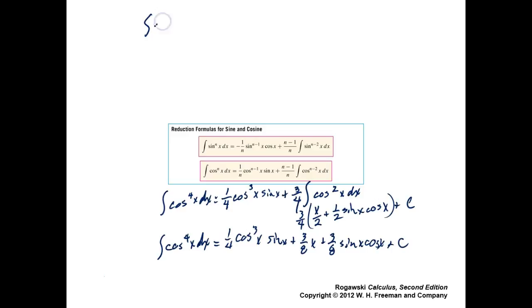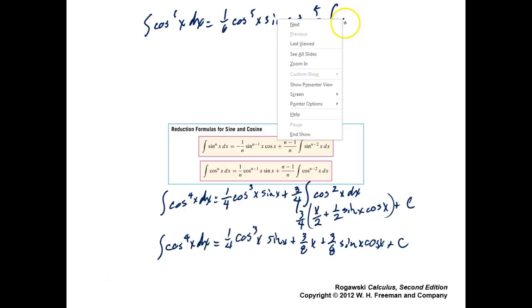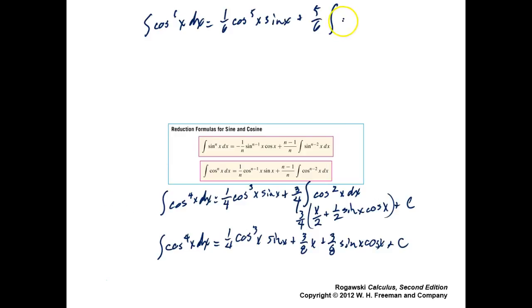The integral of cosine 6th x dx is equal to what? 1/6 cosine fifth x sine x plus 5/6, not sine, cosine fourth x dx.